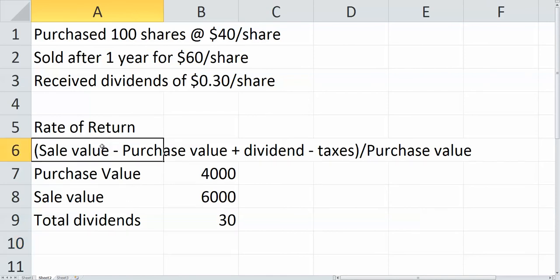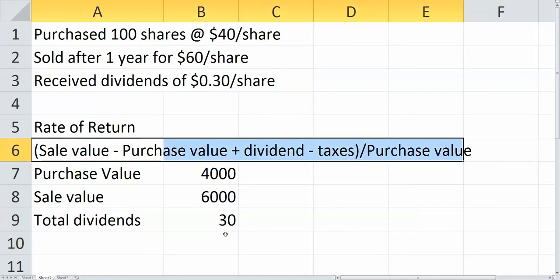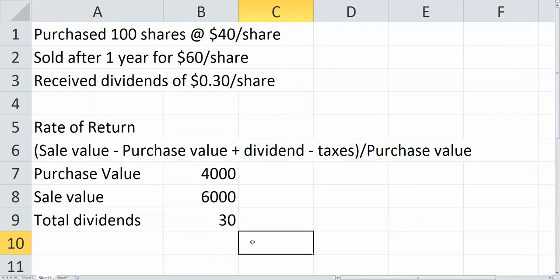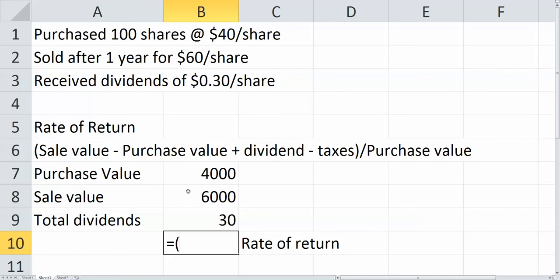So my rate of return is going to be the sale value of 6,000 minus the purchase value of 4,000 plus the dividend of $30, no taxes, so I'm just going to skip that part, and then divide by the purchase value of 4,000.